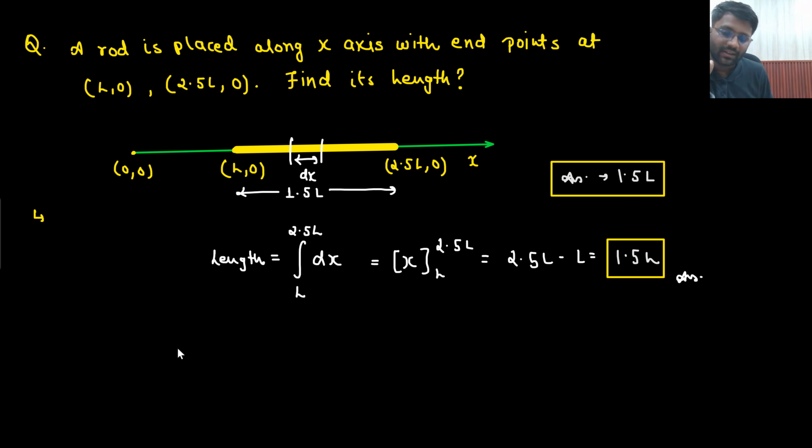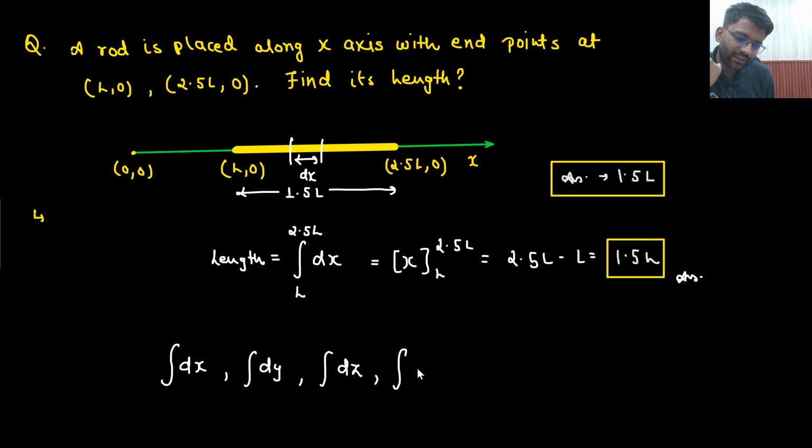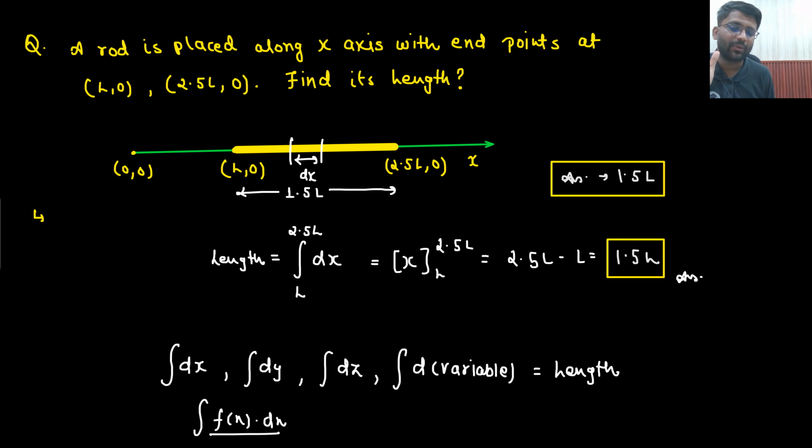I should say that single integral of dx, or single integral of dy, or single integral of dz, or single integral of any variable would represent length. But that other one was the single integral of f(x) dx, which is a separate thing, we will talk about it. Are you able to understand this point? So this would represent the length.